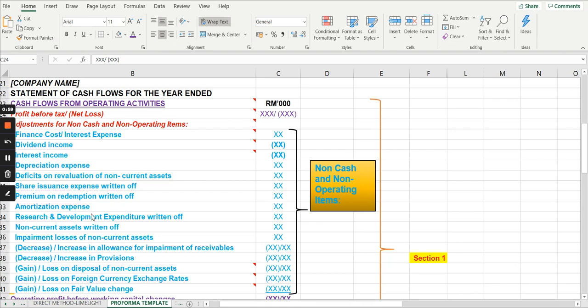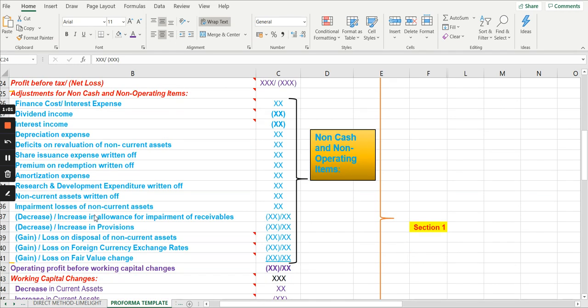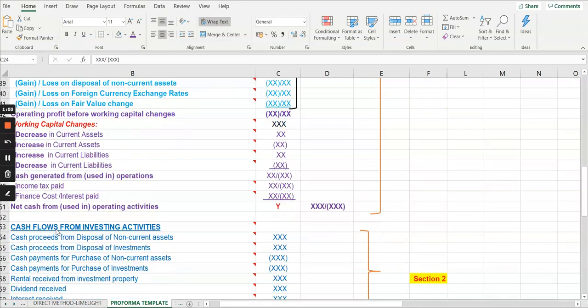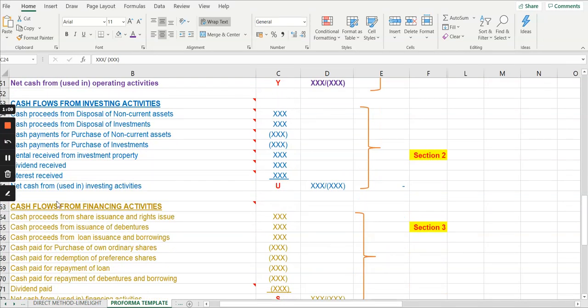The other two sections, which in my videos I call section 2, cash flow from investing activities, as well as cash flows from financing activities, are exactly identical with the direct method.